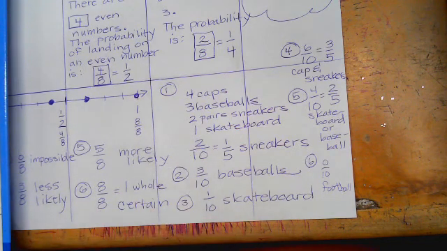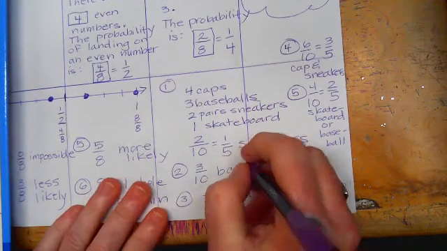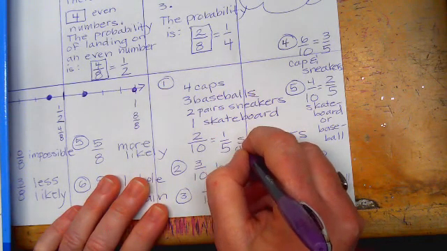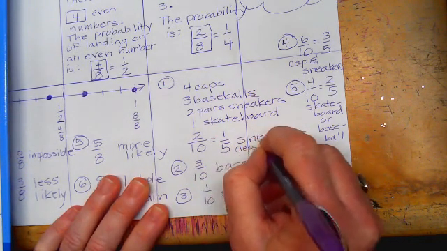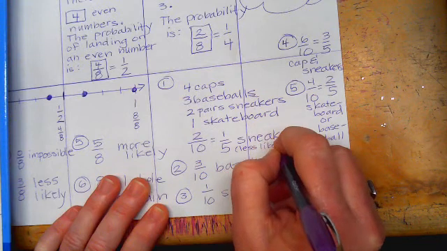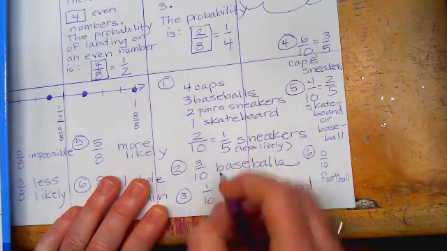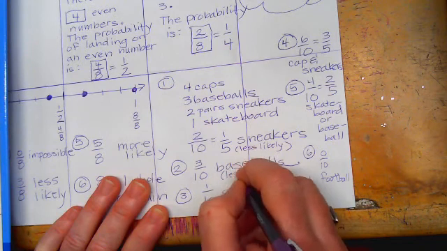So, on this first one, we had 2 out of 10. Is that less likely, highly likely, more likely, impossible, certain? I would probably say that this is going to be less likely, right?